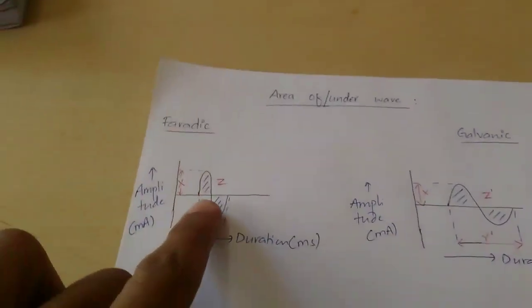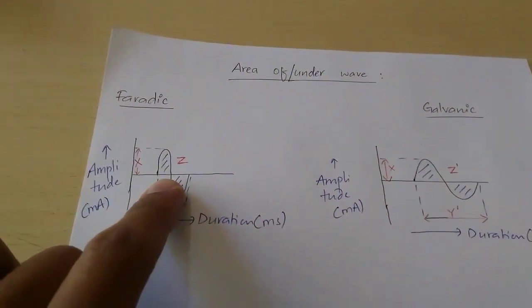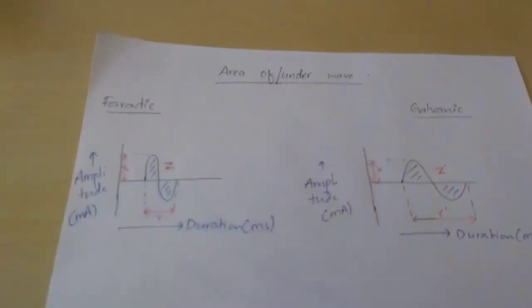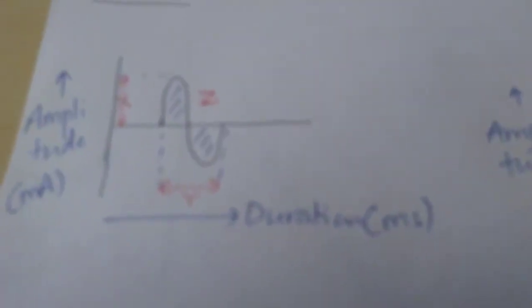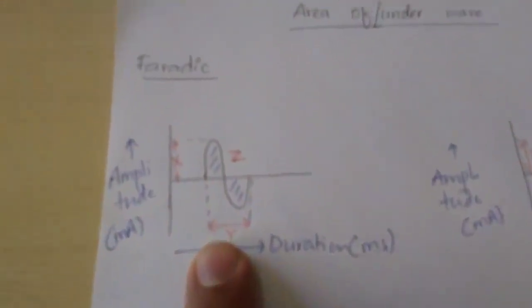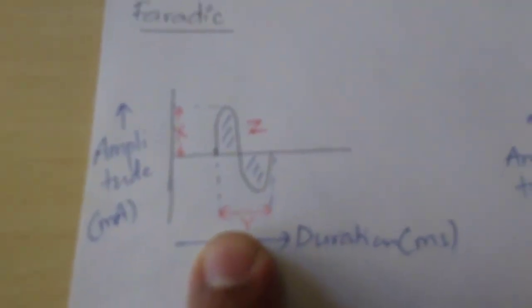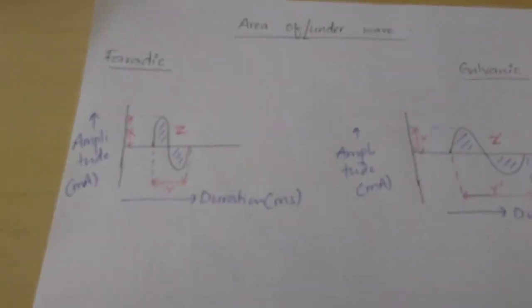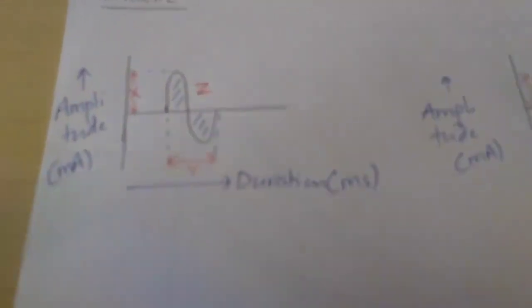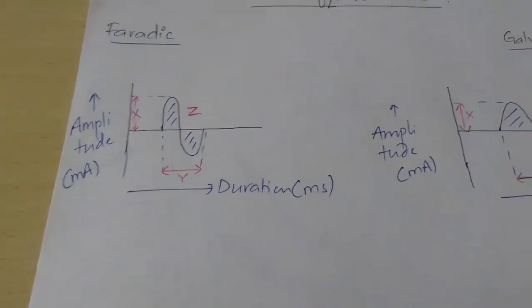If we want to increase the area in case of Faradic current, what can we do? Either increase the duration or increase the intensity of current. Now we cannot modify the duration of the current with our traditional electrical stimulator. So the only thing in our hand is increasing the amplitude to match the area.